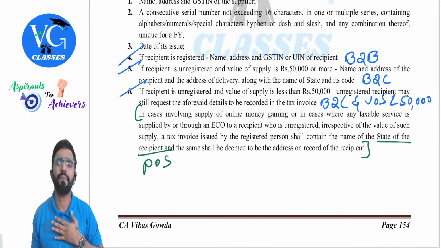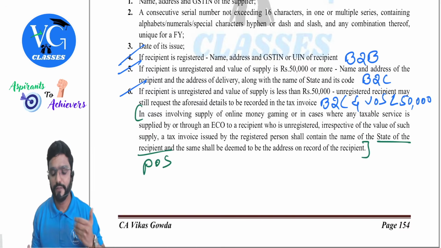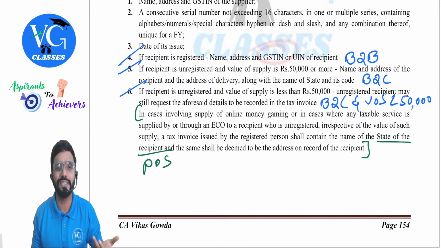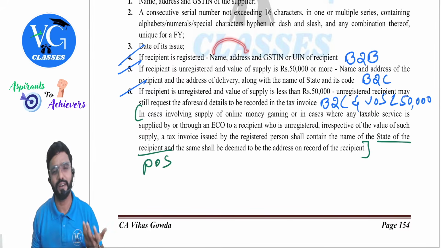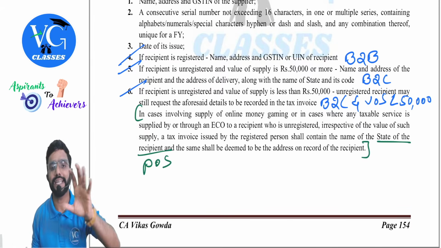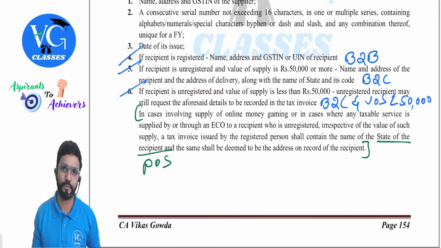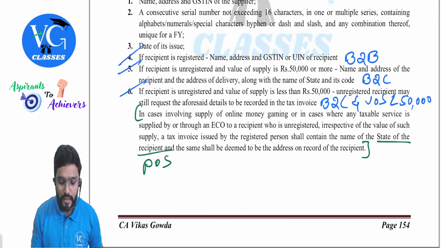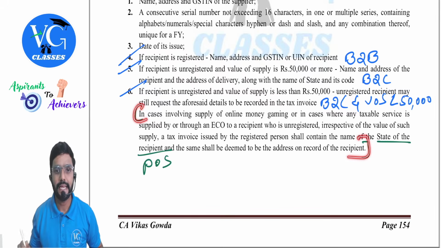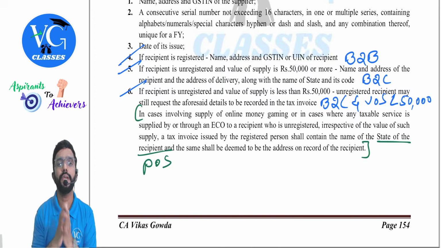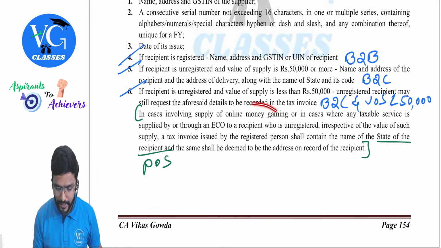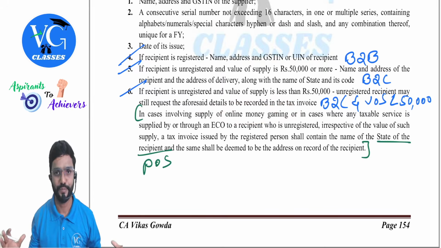What details? Recipient details. But obviously, he cannot ask to disclose his GSTIN because he is not registered. Maybe his name, address and all, he may ask the supplier to disclose in the invoice. Okay, sir. Now, sir, what if the supply of services is happening through an e-commerce platform, or if it is online money gaming, OMG?